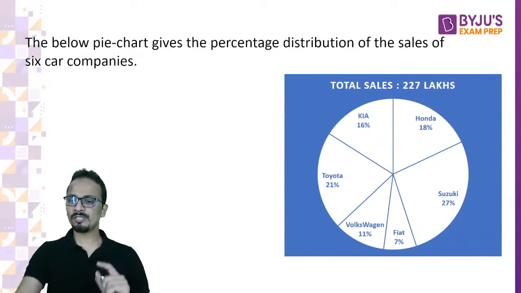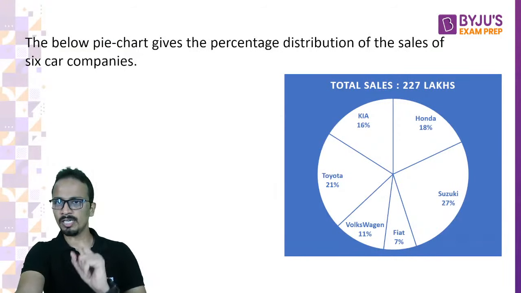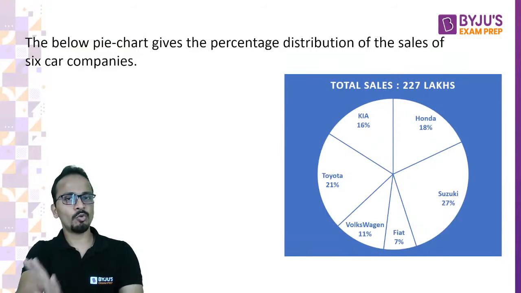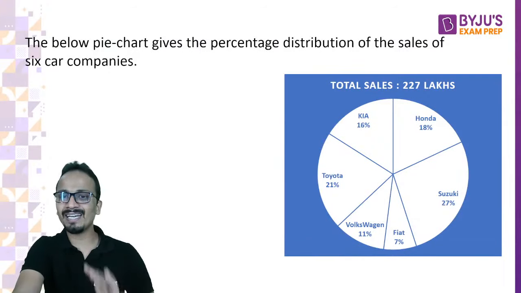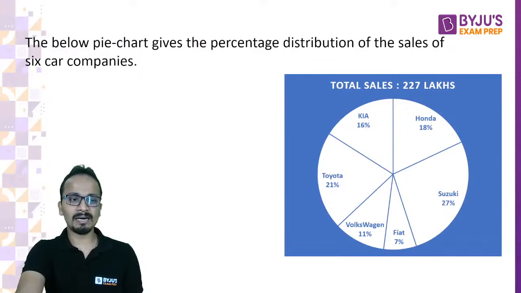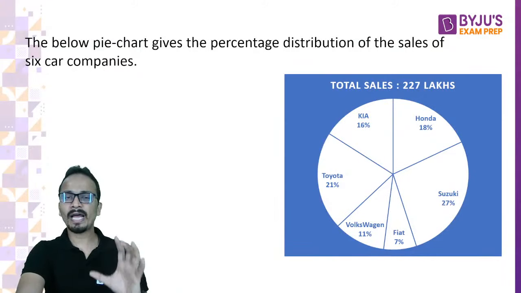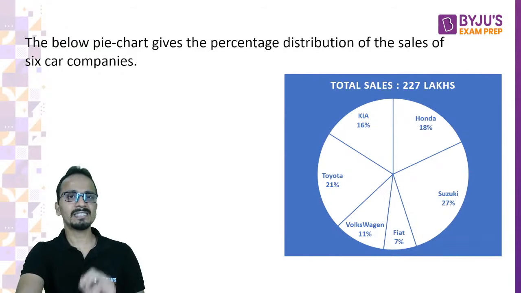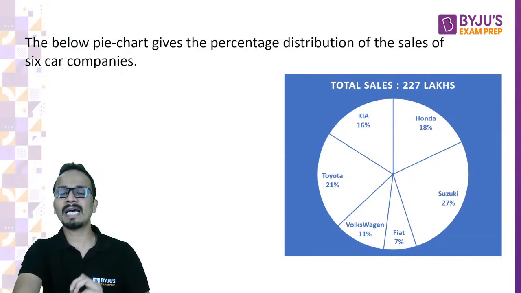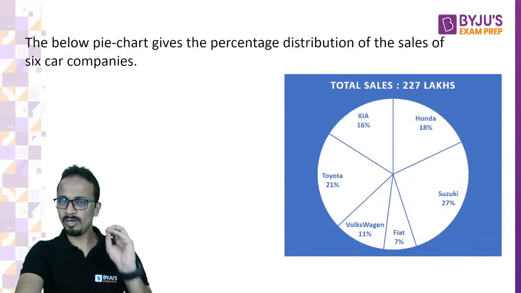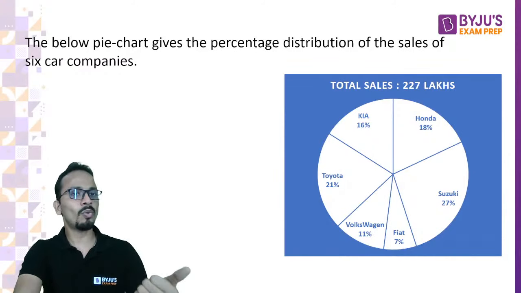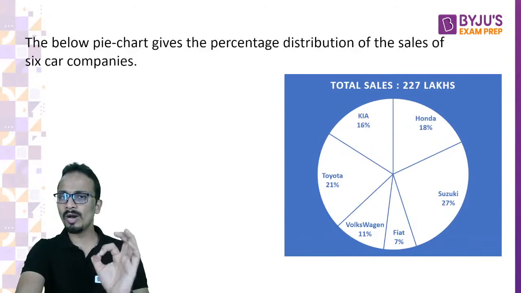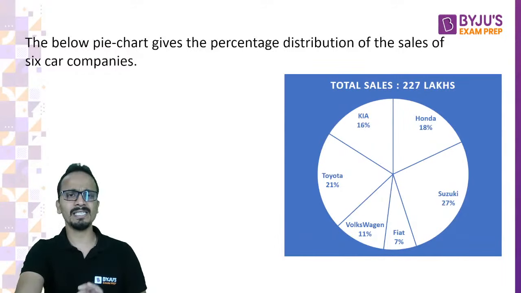Let's have a look at the first question. The pie chart will be displayed with every question. Don't you worry, no need to note down these values. Just understand. Right now we only need to understand. Later on, while practicing, try to apply the techniques, the concepts, the methods that I'm teaching you. Learning is important, but implementation is also important while practicing these questions. So do apply these techniques later on.